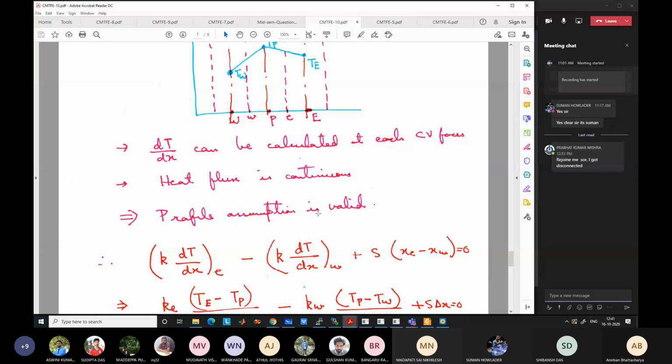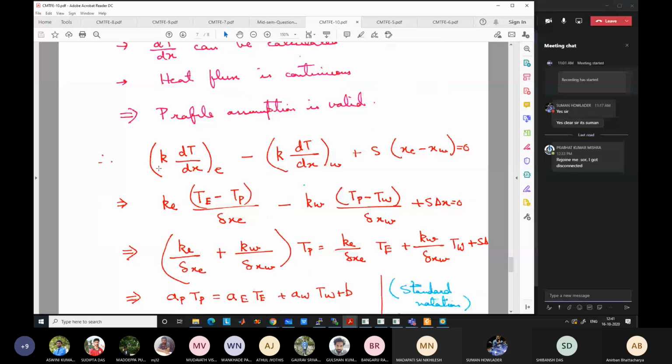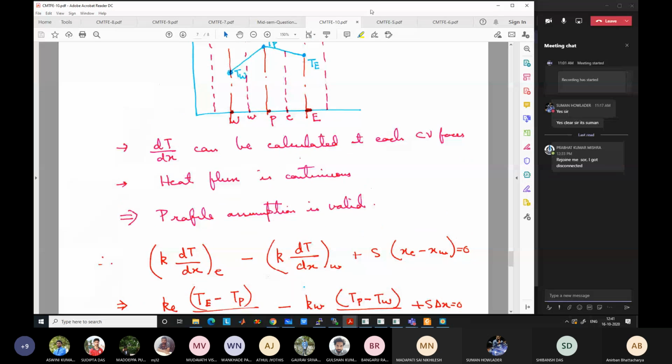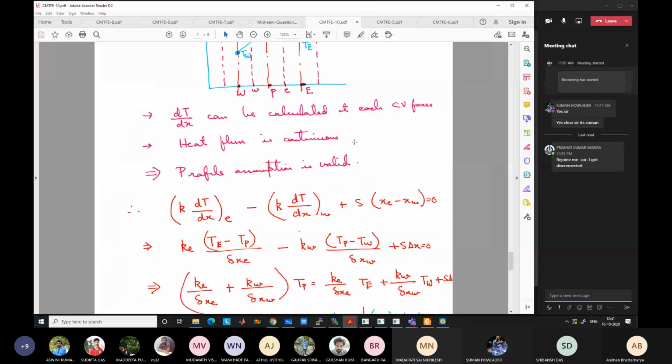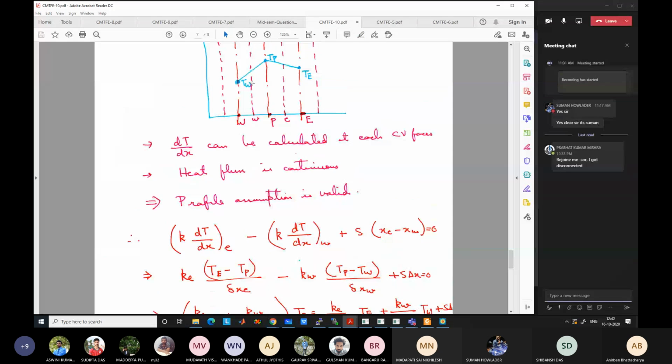Based on this profile assumption, you can write the same equation that we had previously written: k dT/dx east minus k dT/dx west plus S times delta x. Right now, don't bother about the value of conductivity at the interface; let us assume that we know it.